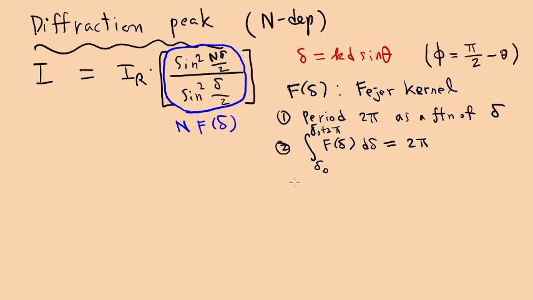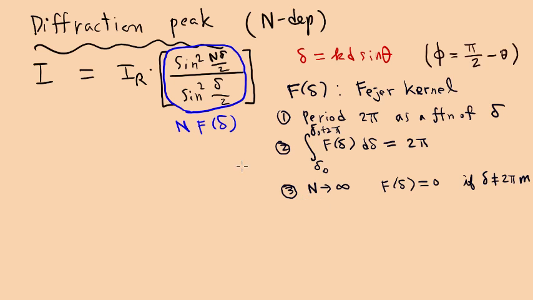Then the third point is that when n goes to infinity, f of delta becomes 0 if delta is not 2 pi m. Remember, delta equals 2 pi m is the principal maximum condition. So everywhere else the intensity is 0.